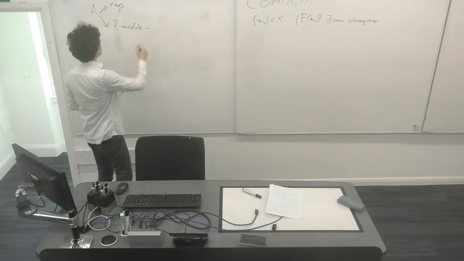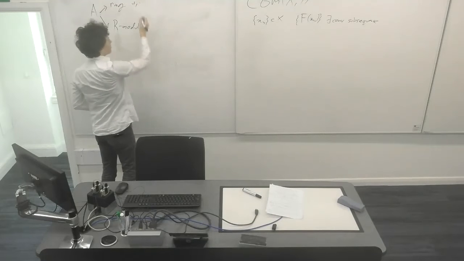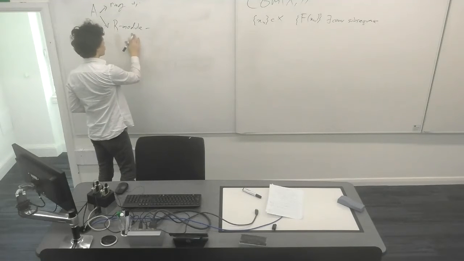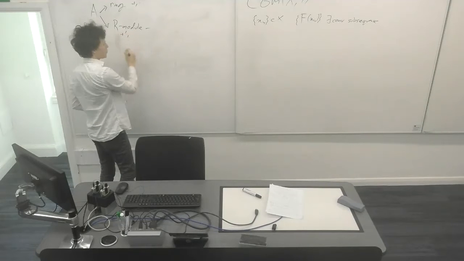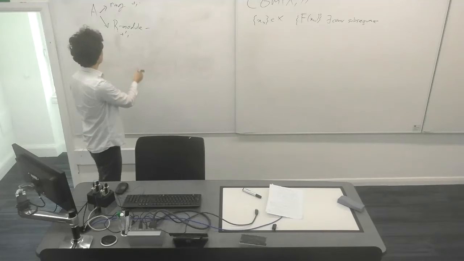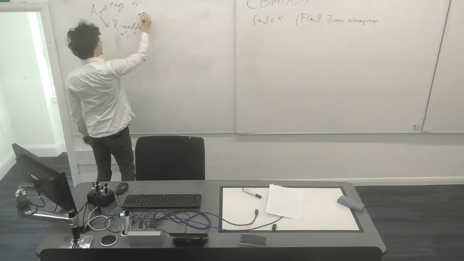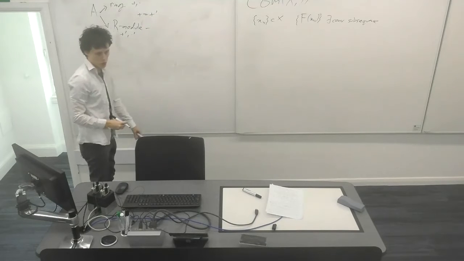Another thing we need: a ring has a set, an addition and a multiplication operation, and a module has an addition operation and a multiplication by a scalar in the ring. We want the addition operation for the ring to be the same as the addition operation for the module.